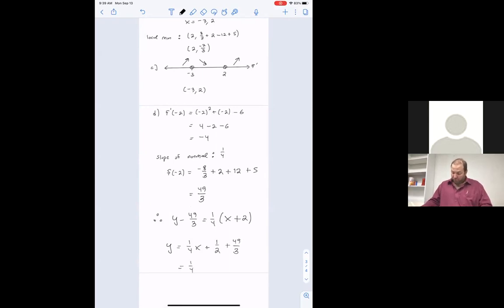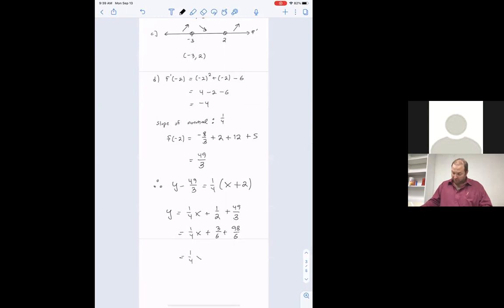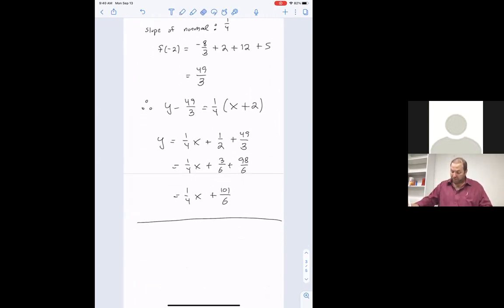So 1/2 is 3/6, 49/3 is 98/6. If I did my math correctly, I get y equals 1/4 x plus 101/6. Maybe I did the math wrong. The number doesn't look familiar when I graded it, but that's certainly the right strategy. Again, just trying to go quick here.